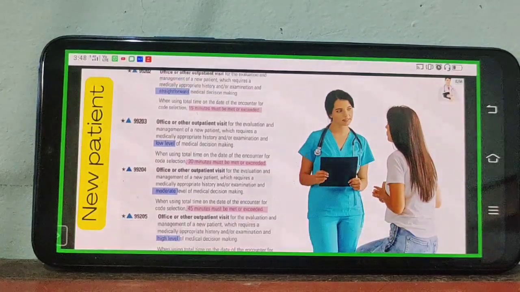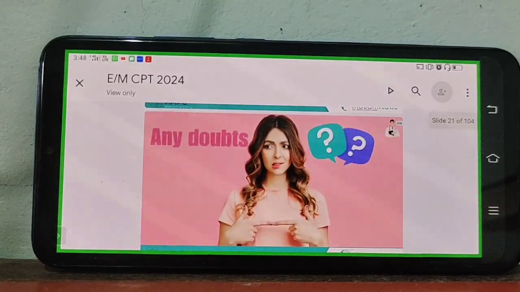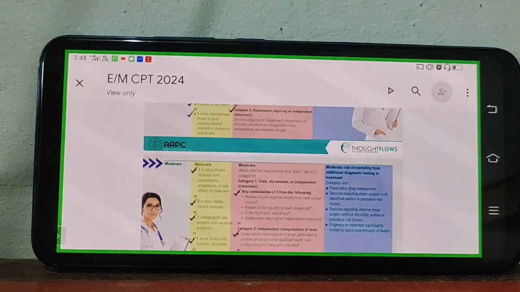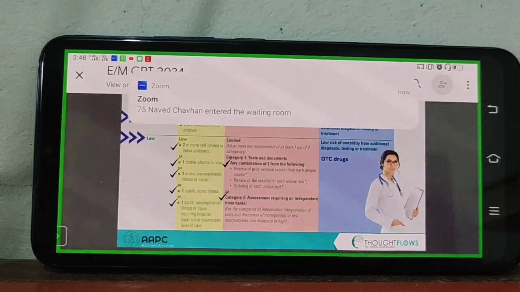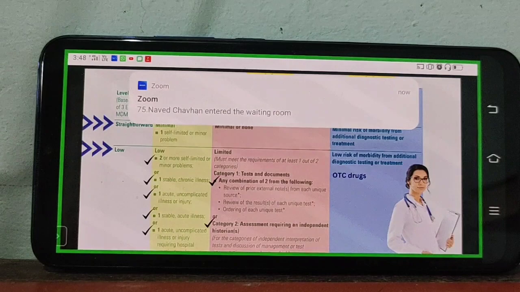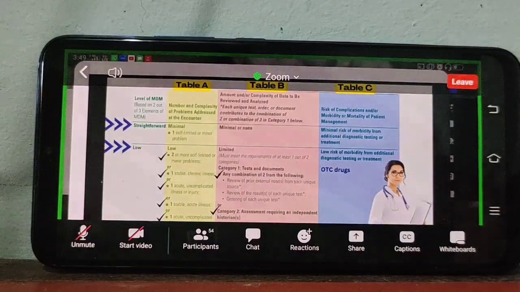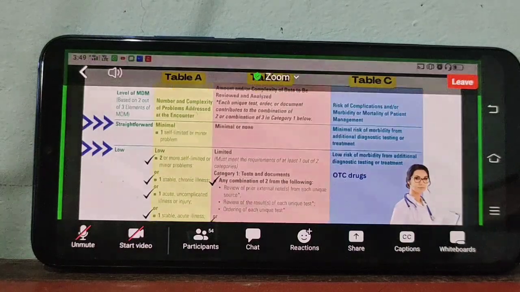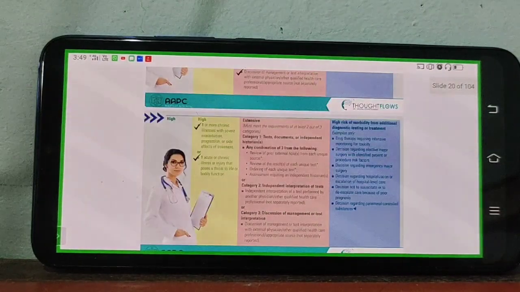So what are the criteria we need to report the levels? Now, see that. Moderate MDM and high MDM. These are the corresponding table for MDM. Please listen. If you have any doubt, please ask.